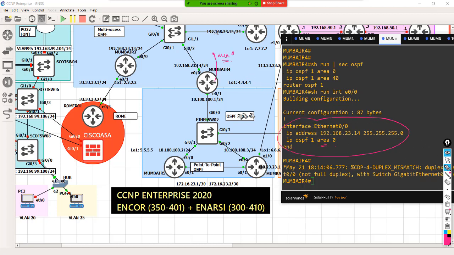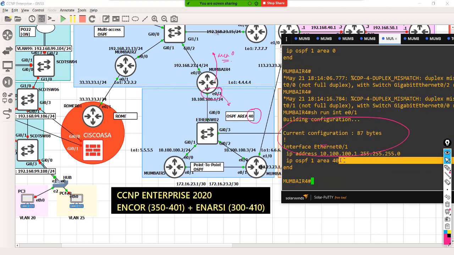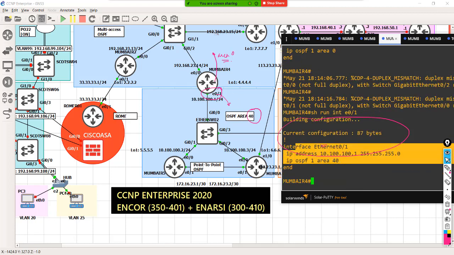Now the second interface will be pointing to area 40. Okay, so there you go. So this router Mumbai R4 is nothing but an ABR, area border router. So that's why you see the configuration accordingly. You will see one configuration pointing to area 0, other configuration pointing to area 40. So we can see the database now.